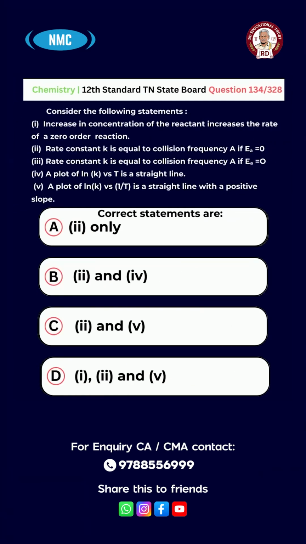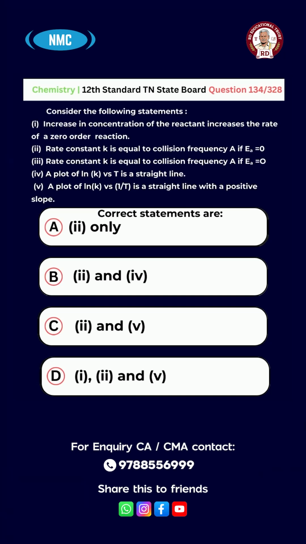Question number 134. Consider the following statements. 1. Increase in concentration of the reactant increases the rate of zero order reaction. 2. Rate constant K is equal to collision frequency A if Ea equal to 0. 3. Rate constant K is equal to collision frequency A if Ea equal to 0. 4.